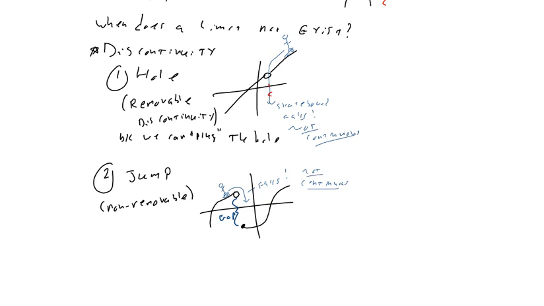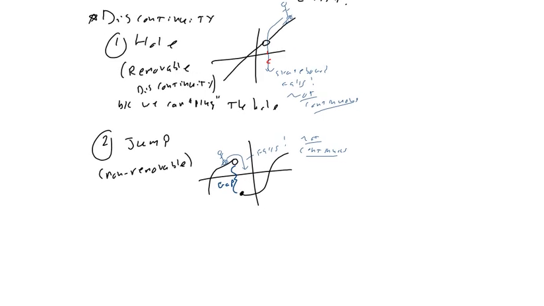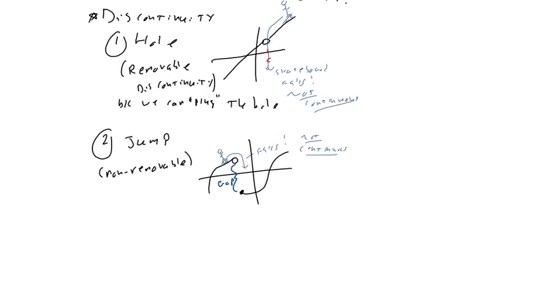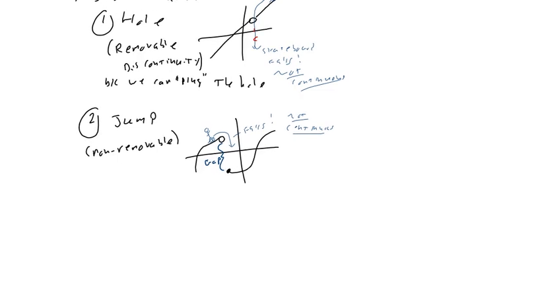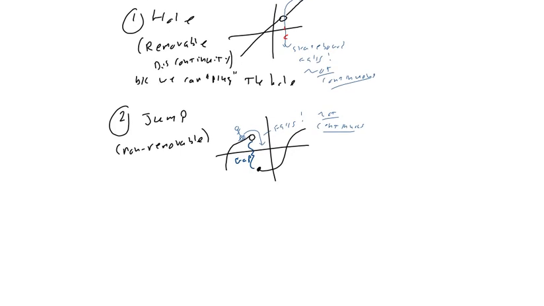So a jump discontinuity is a graph that has a space here, right, where one side ends on one spot, one side ends on another spot. So that's another type of discontinuity, a jump discontinuity.